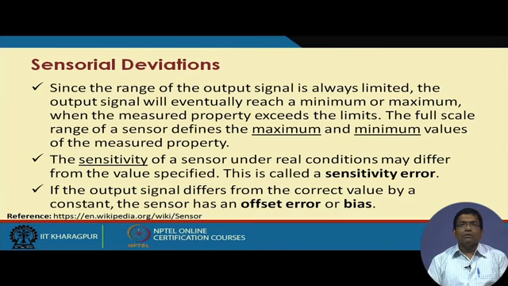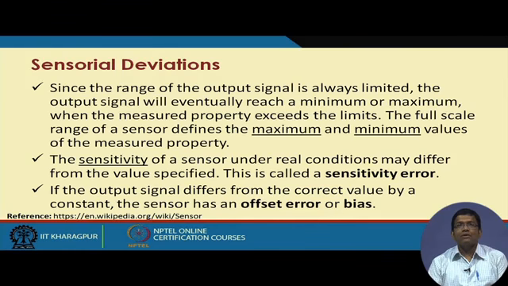Then, what I mean is that the correct value might be something, and a particular sensor might always be giving a value with an offset error or a bias. That many units of offset error it will be giving at all times, and that will be constant.